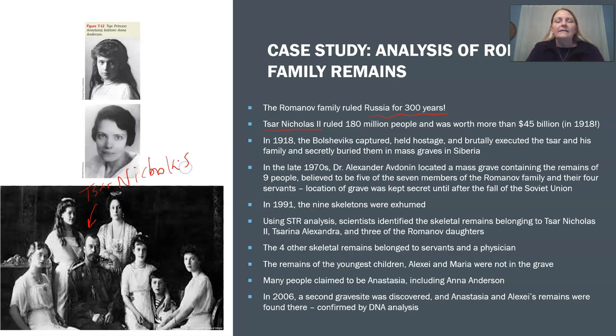He ruled over 180 million people, and he had a lot of money. He was supposed to be worth $45 billion, and that was back in 1918. So there's a whole story about them and the wars that they were into and all of that.